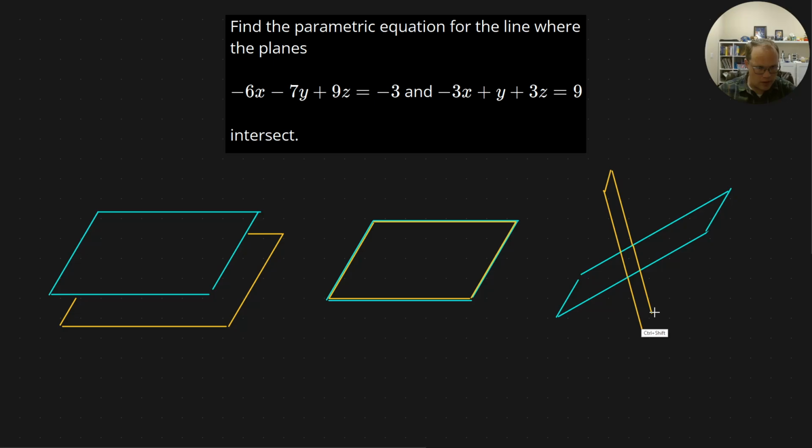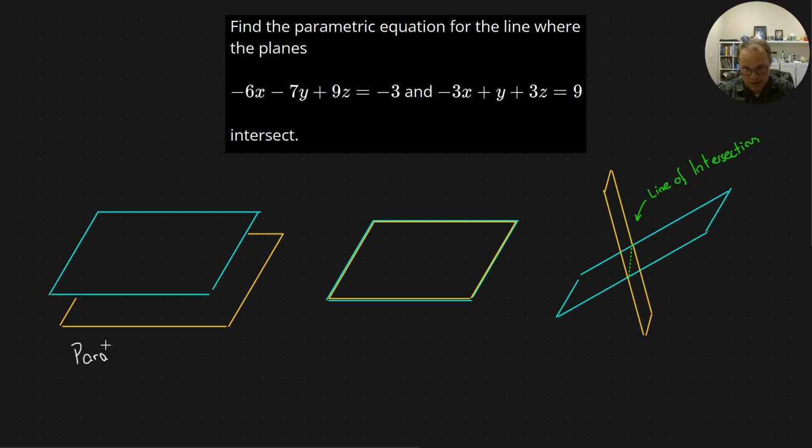Just draw the whole thing. And notice if they intersect, it has to form a line. And in 3 dimensions, these are the only 3 possibilities.